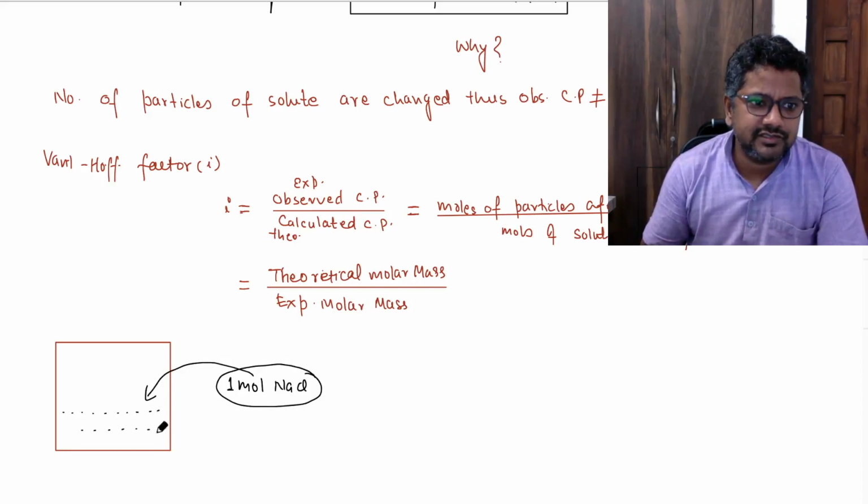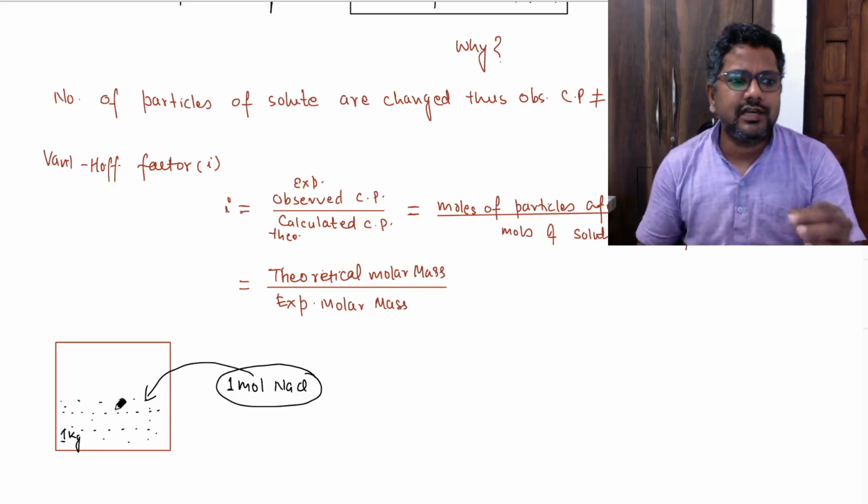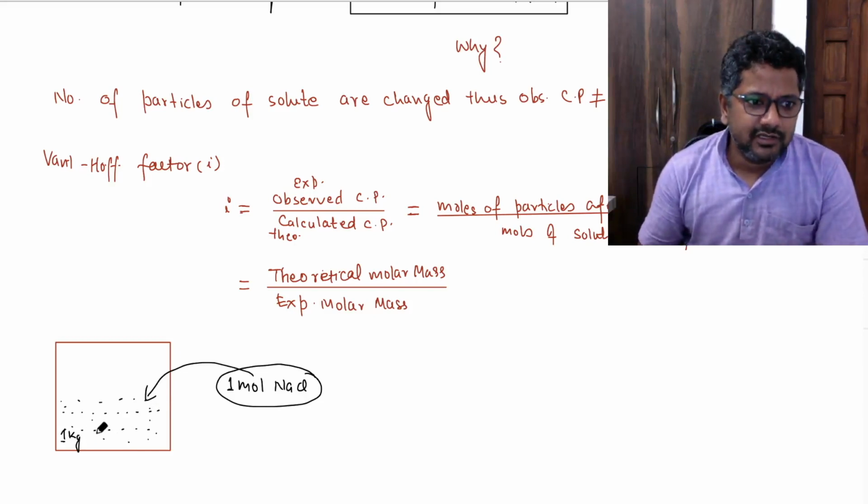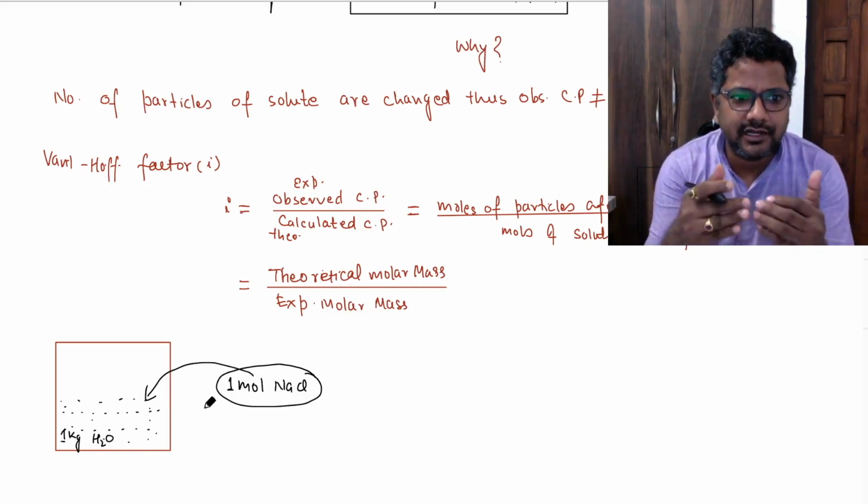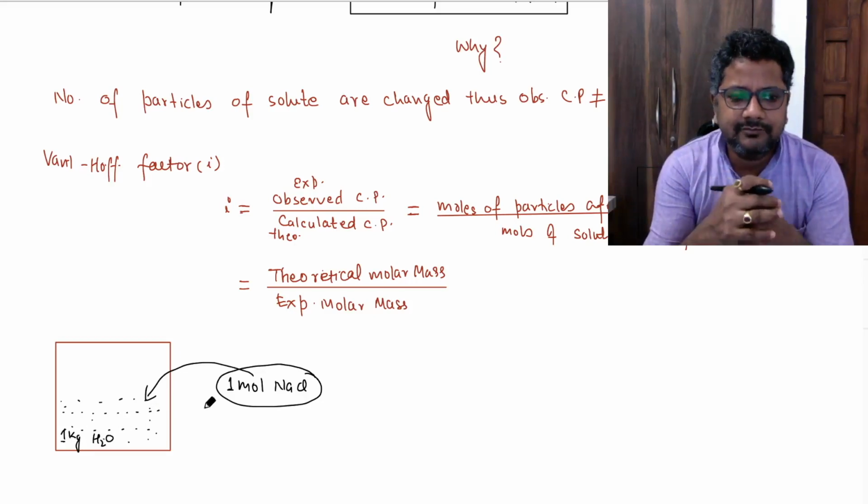When you take a sufficient amount of water, suppose that the 1 mole of sodium chloride you have taken is in 1 kilogram of water. So now your chemistry skill is required here.